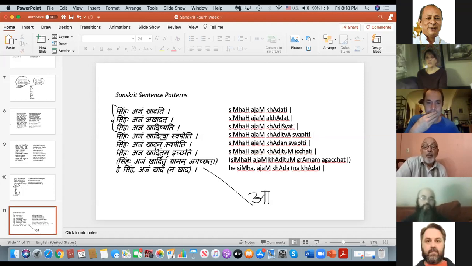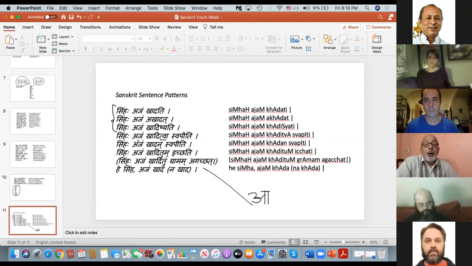Simha Sanskritam avadat, Simha spoke in Sanskrit. Simha Sanskritam vadishyati, Simha will speak in Sanskrit. See, vadati in English is sometimes transitive, sometimes intransitive. In Sanskrit, vadati is transitive. It takes an object.